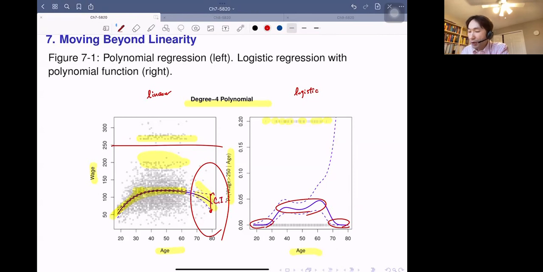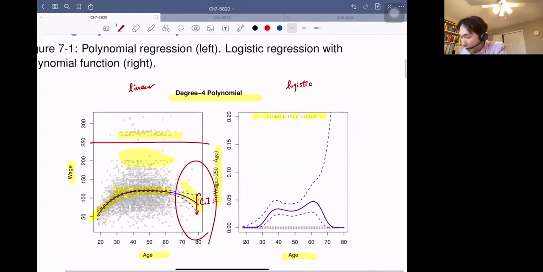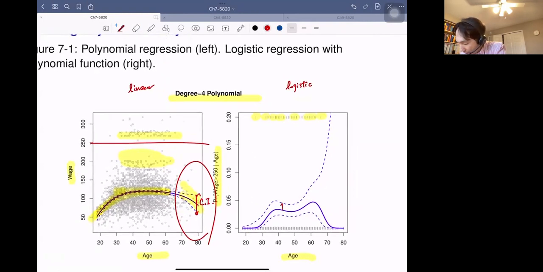And in the logistic regression, we have a complicated function f. So probably an easier way to see it is this band: from the center to the upper bound it gets larger and larger as age increases, because we only have fewer observations. It gets wider and wider. This one also gets wider, but we have the logistic function f.